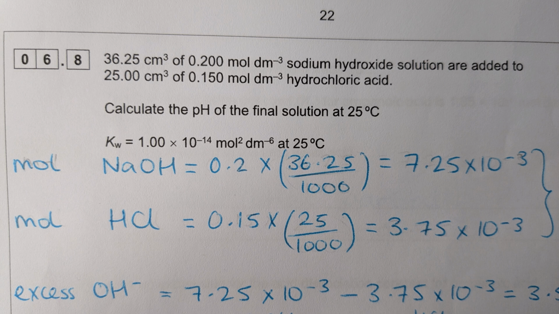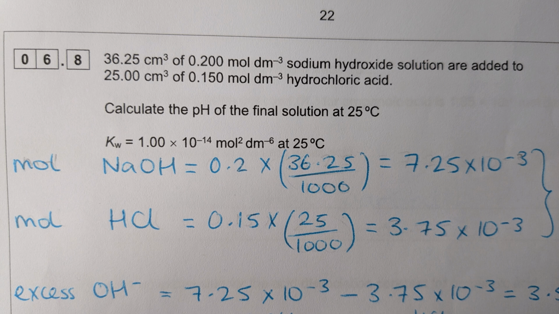Here we've got an excess of a strong base, sodium hydroxide, being added to a strong acid, hydrochloric acid. So since we've got a strong base in excess being added, that means that we'll finish up at a high alkaline pH. So something between maybe 12 and 14. So we're going to use Kw for this.